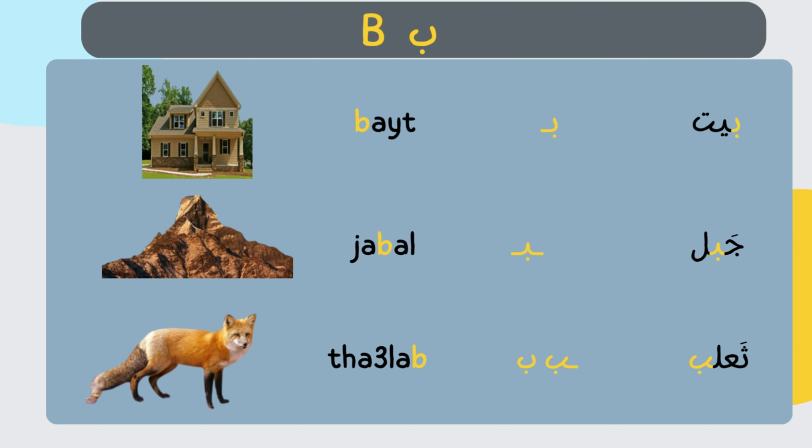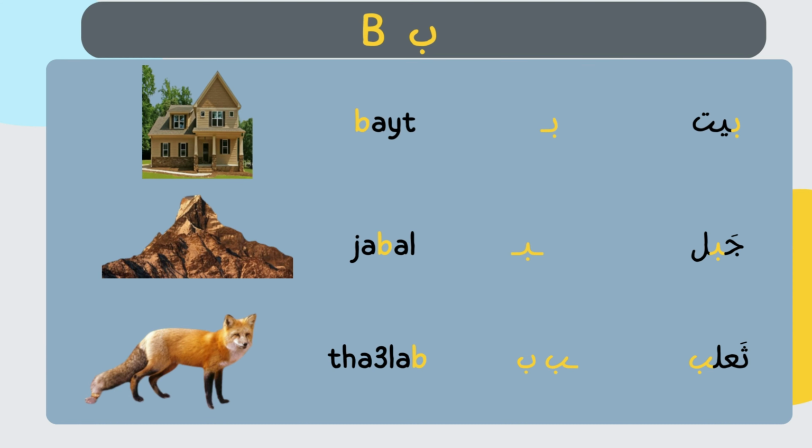Second letter in the alphabet is B. So this is the first letter in a group. Also in the alphabet we have something called groups of letters, which means three or two letters that look almost the same. The only difference is with the dots. Like one of them has the dot under, one of them has two dots above, and etc. So the first letter is B in this group, B. This is the main shape of the letter.